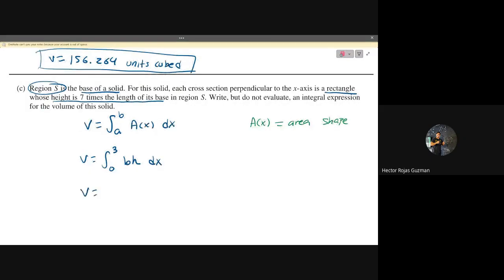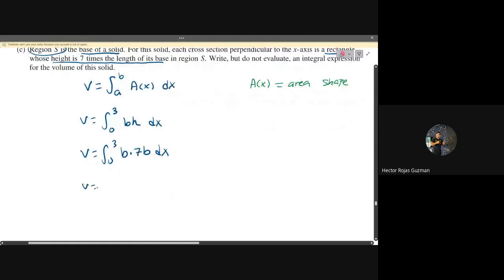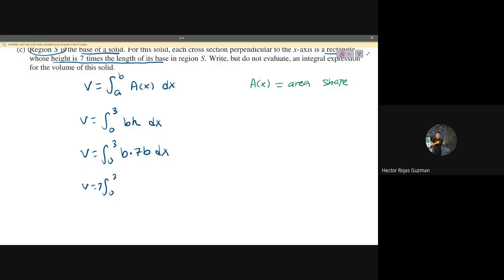So we can take the height and replace it for 7b. The 7 can come to the outside and you can simplify it to b squared. So now that just means we have to figure out the base of this rectangle at any given time.